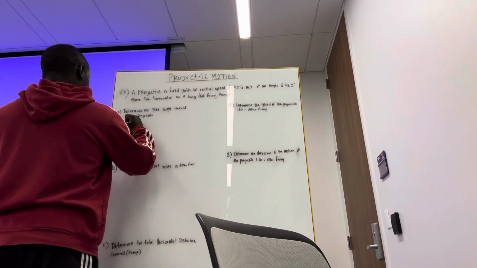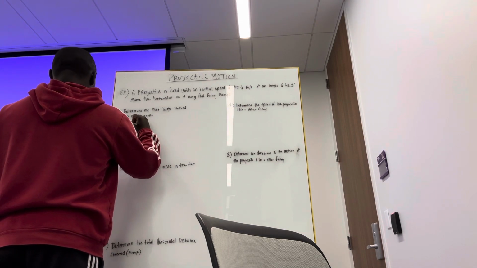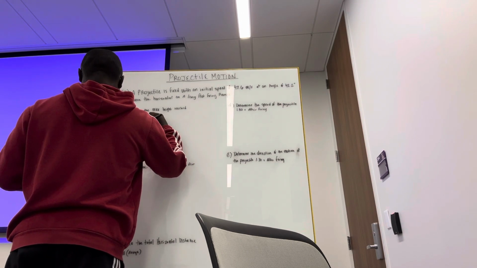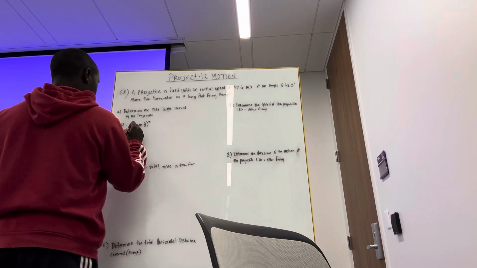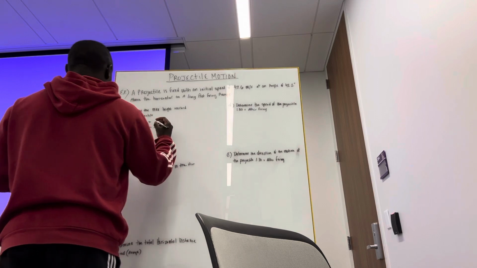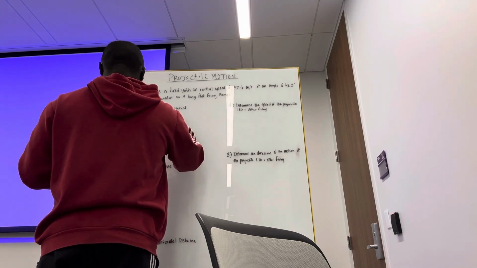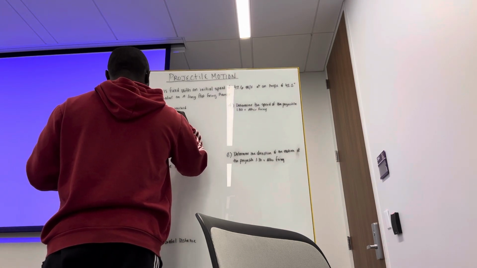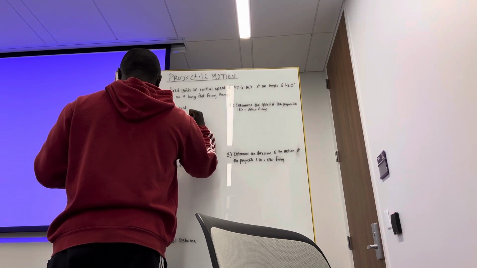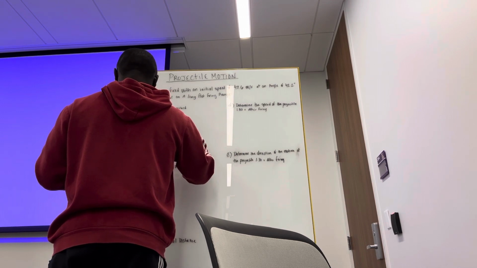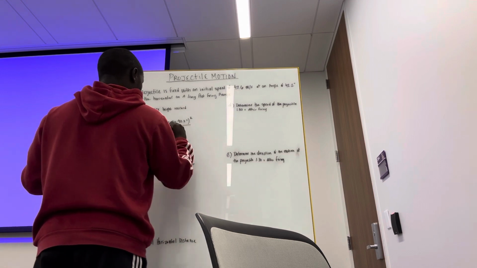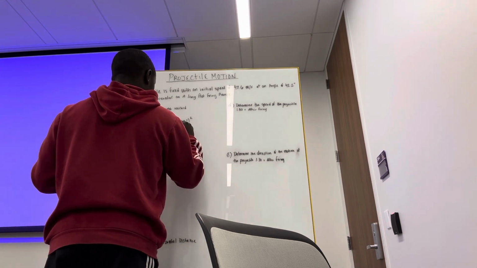So the equation we shall use is the initial speed times sine of the angle, squared, over 2g, which gets us 47.6 times sine 42.2 degrees, squared, over 2 times 9.8.